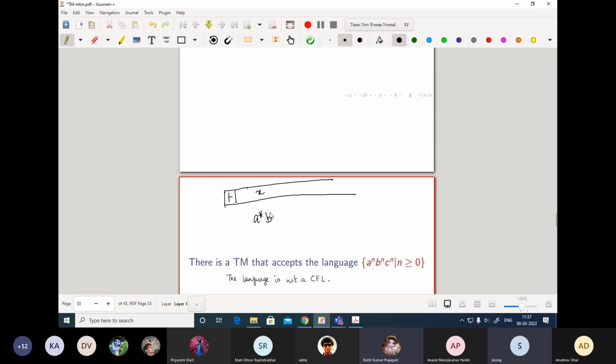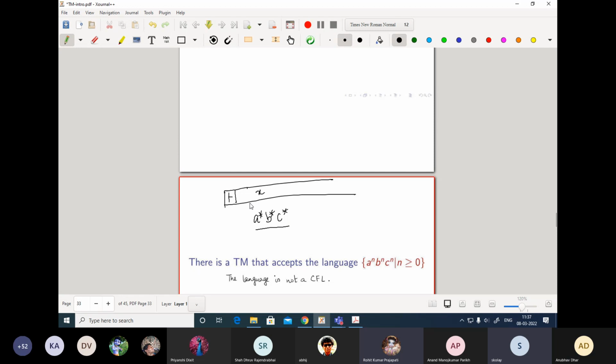Correct. So first you check whether it's of the form A star, B star, C star. Can you tell me how you check this? Ma'am, this is a regular set, right? Yeah, so you can use your finite control to do this.